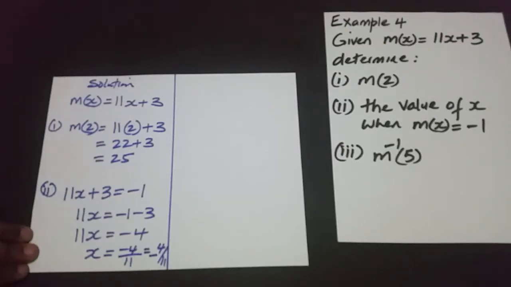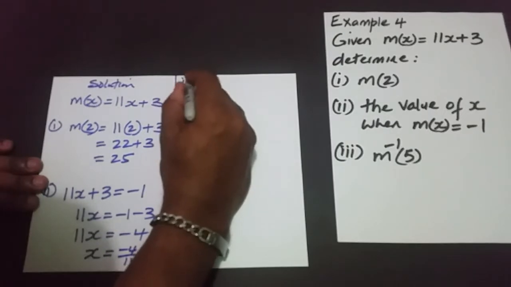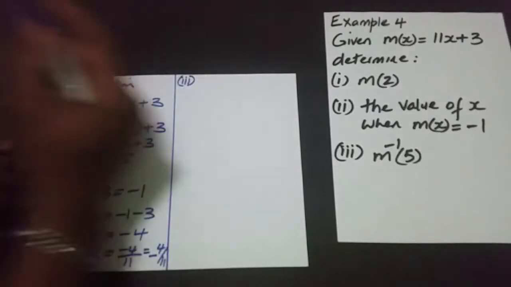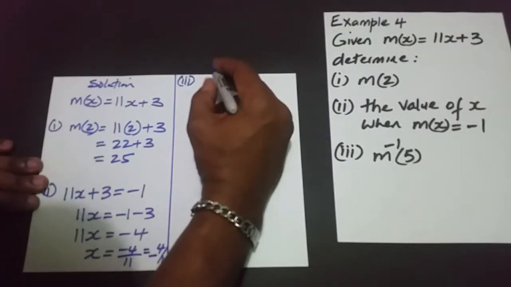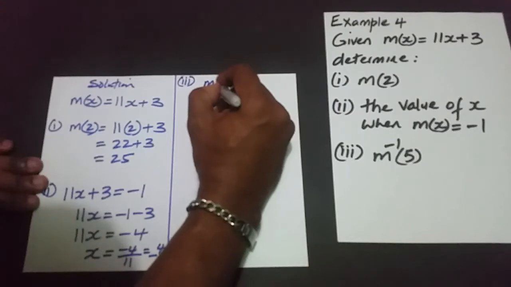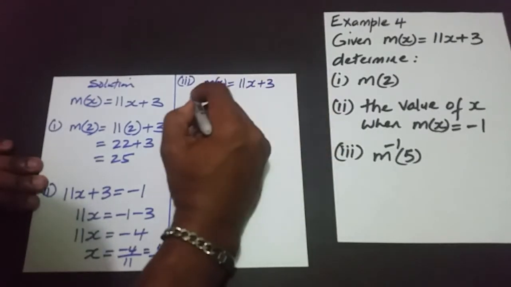Now for part 3, they're asking us to find the inverse of m of 5. But of course, we need to find the inverse of m of x first. So to find the inverse of m of x, we're just going to write the original function again, so it's a good practice, and then follow the steps.